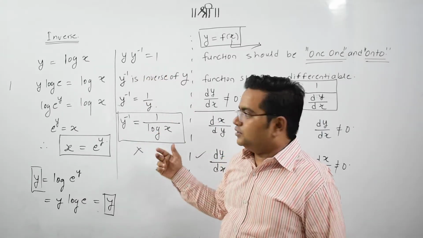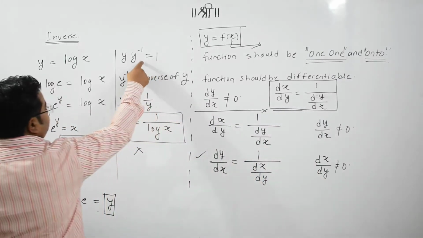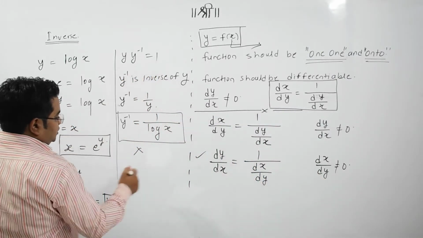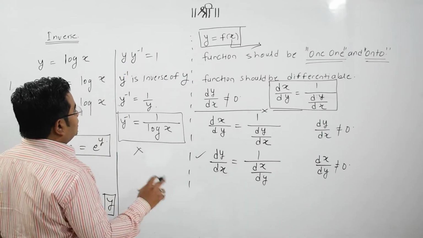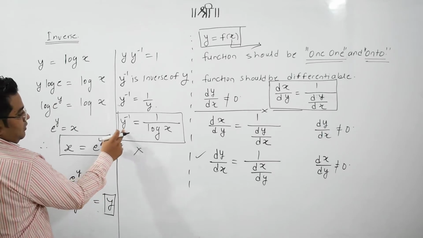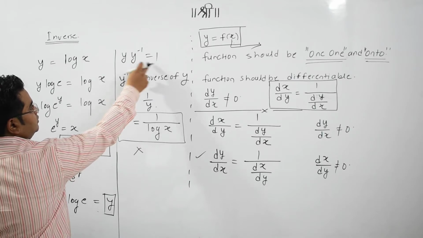Accepted, no issue. But the main problem is what? You need to look at this equation properly. If you substitute these values within this equation, correct, but most important, what? If you substitute the inverse of y over here, you will get 1.